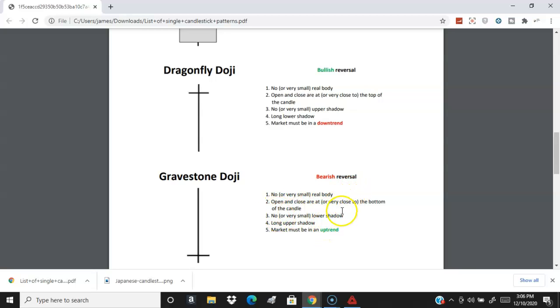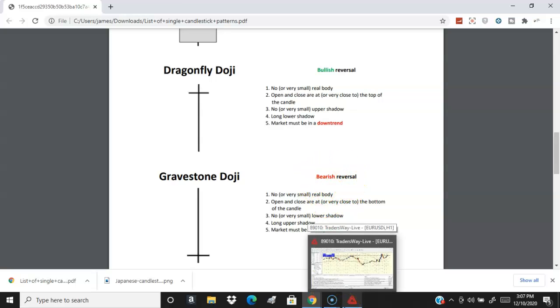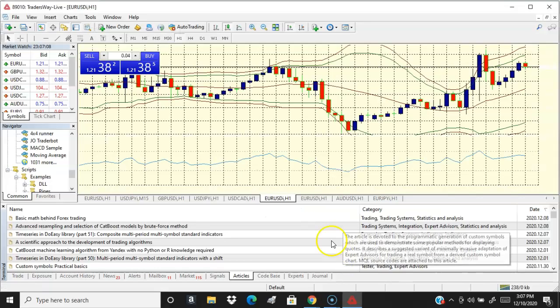Open and close at the bottom of the candle. You can't see anything coming out. Long upper shadow, and it must be in an uptrend to have a bearish reversal. So let's see if we can actually find this one too, guys.